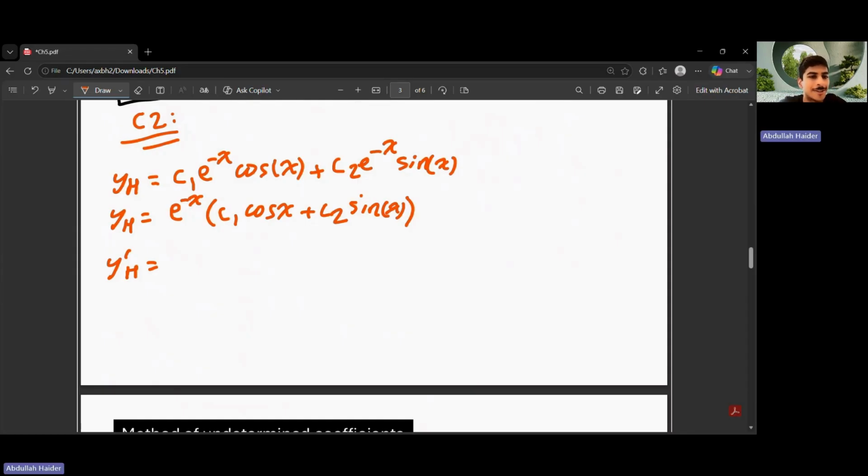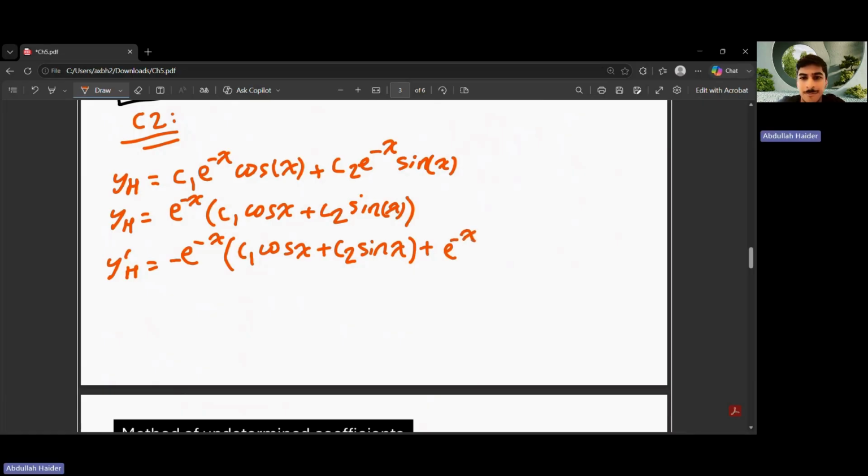So y prime of h is the product rule, u prime v plus u v prime. So the derivative of e power negative x is negative e power negative x. You write this as is, C1 cosine x plus C2 sine x, plus now u v prime.